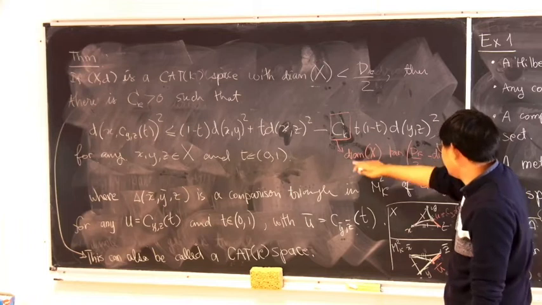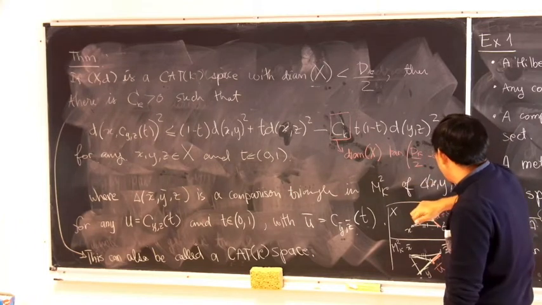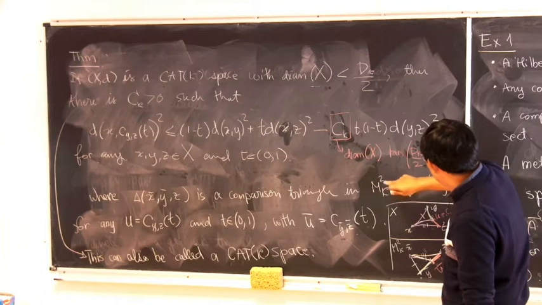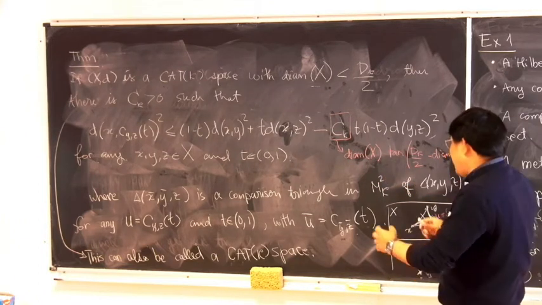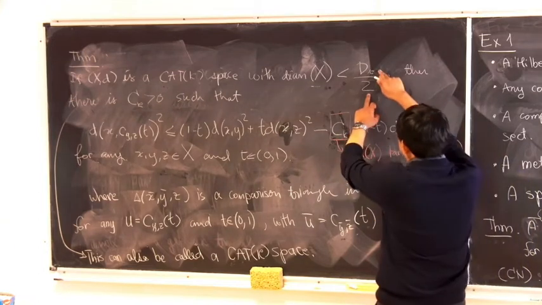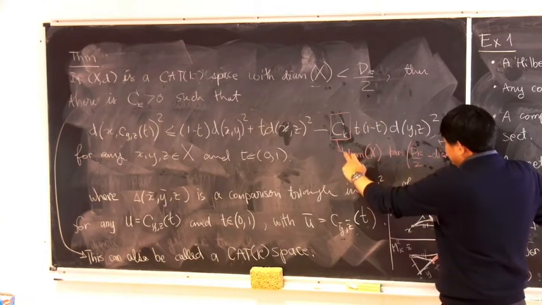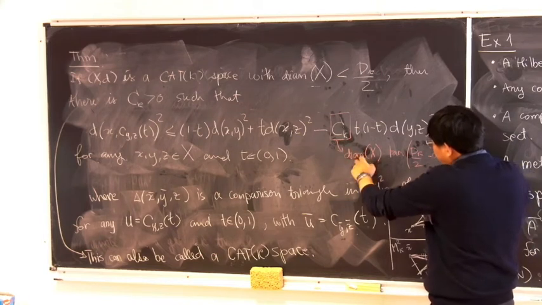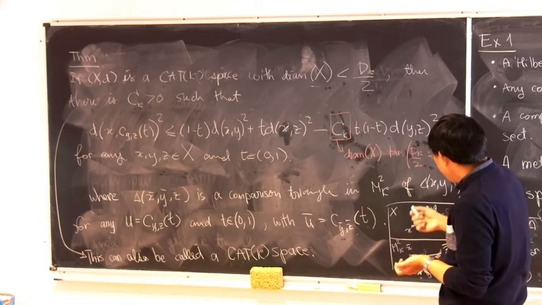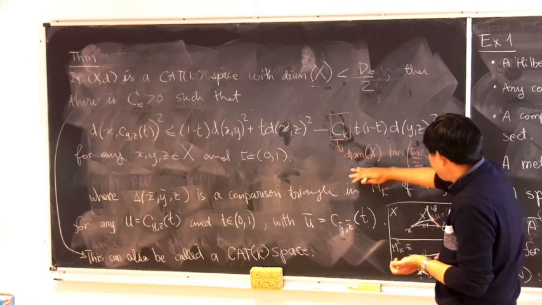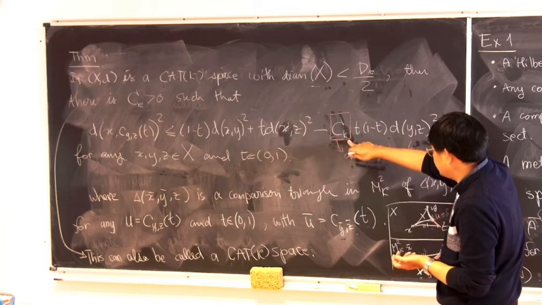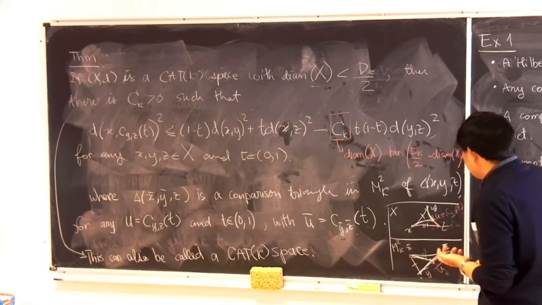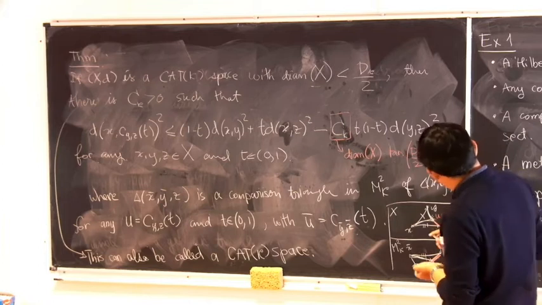And if you plot this curve with the diameter of X as the variable, you will see that as the diameter of X approaches D kappa over 2, this C kappa tends to 0, and when the diameter reduces to 0, then this C kappa will go to 1.